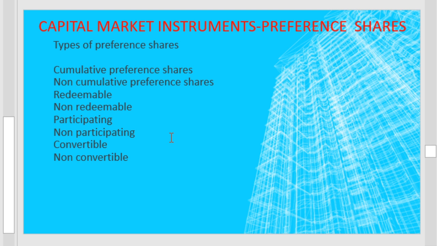The second one is non-cumulative preference shares. In the first one, we can cumulate over the years. In the second case, non-cumulative preference shares are those which have the right to get a fixed rate of dividends out of the profits of the current year only.